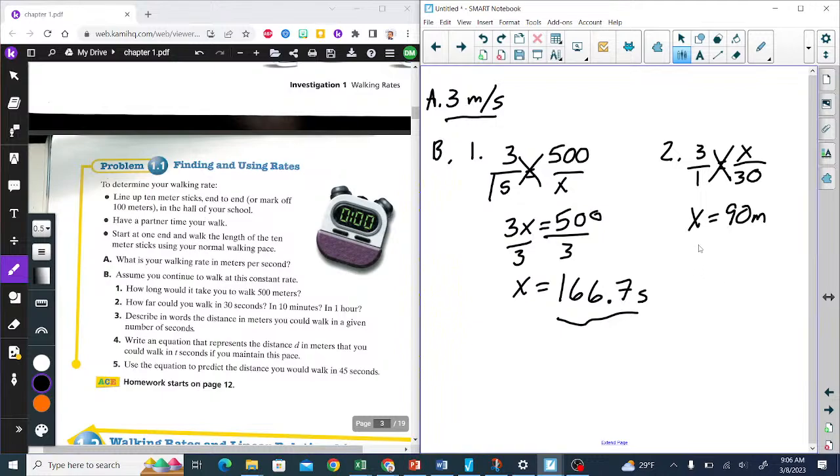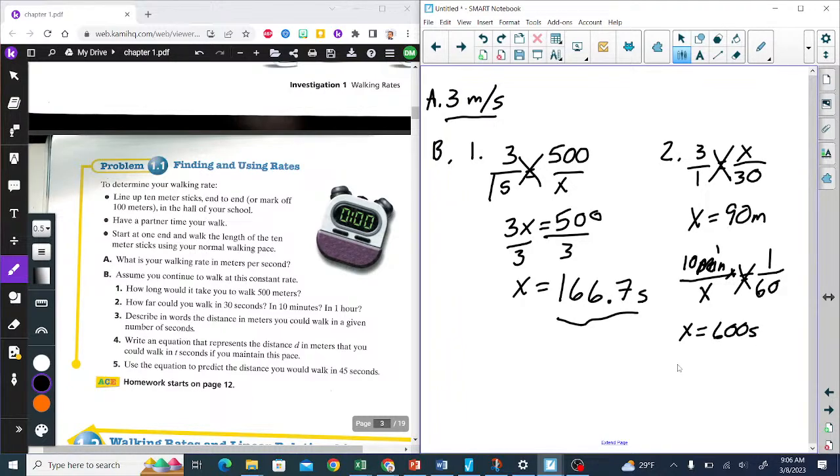But they also ask in 10 minutes. Now this is where we're going to have to change things. We're going to change 10 minutes into seconds. So we know that 1 minute is 60 seconds, and for 10 minutes we cross multiply, and that gives us x equals 600.